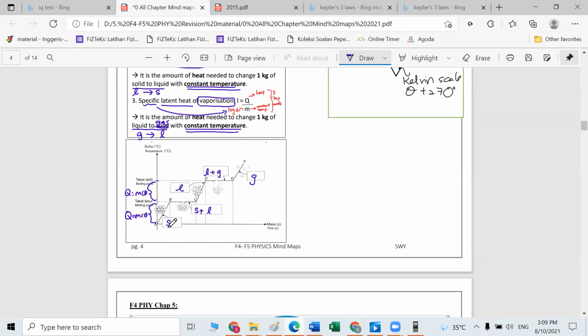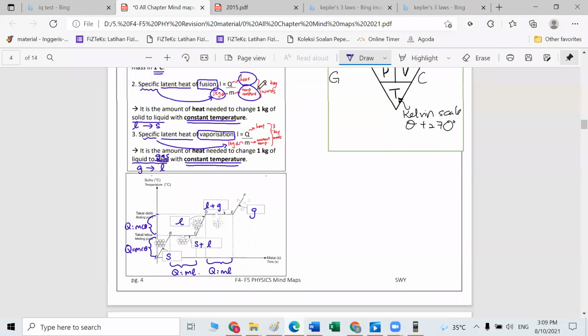Then because here there is no change of temperature, the Q here equals to ml. So what is Q? Q is heat energy. And don't confuse with Form 5 chapter 1.